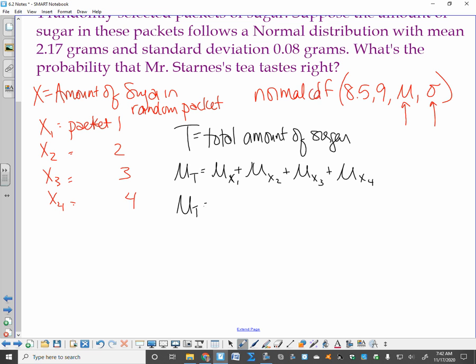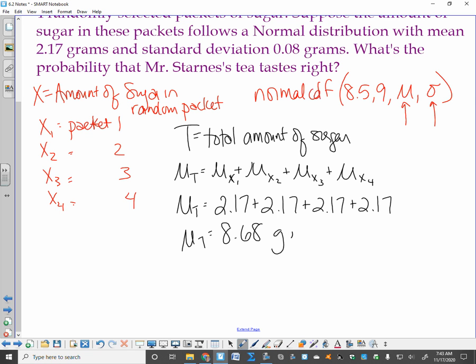So mu sub T equals, and it told me that each one was 2.17. So mu sub T is 8.68 grams. Again, units of measurement.